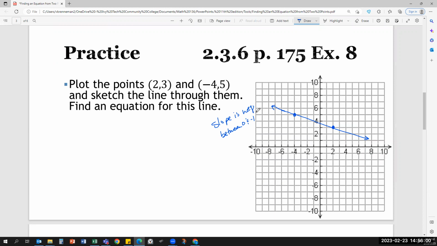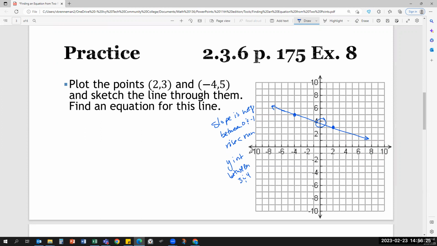So it's probably going to be a fraction where the top is smaller than the bottom. The rise is less than the run. And then I can tell the y-intercept is going to be between 3 and 4 somewhere.